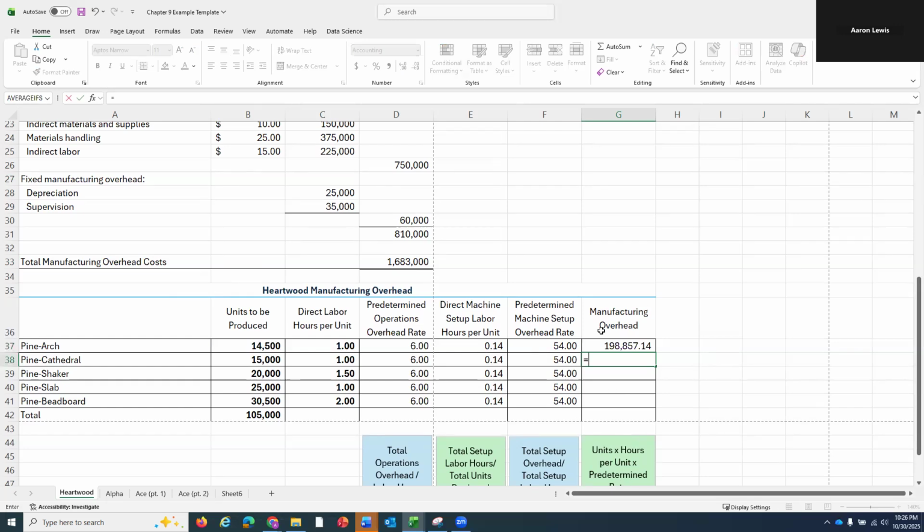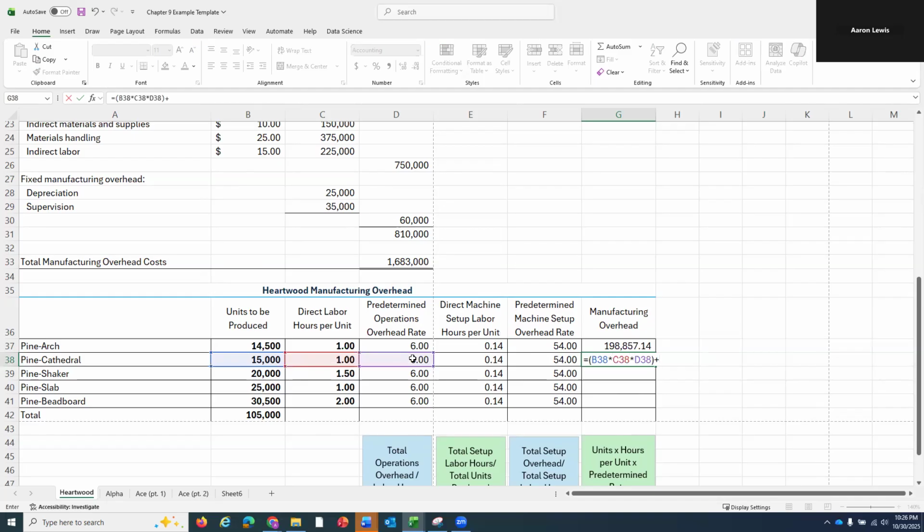And I'll do it one more time for the cathedral pine. Same process over here. Open a first set of parentheses, and it's the units produced times the quantity of the driver per unit. And this is labor hours our driver, so another one right here, times our predetermined overhead allocation rate for allocating from the operations pool. I'm going to close that parenthesis.